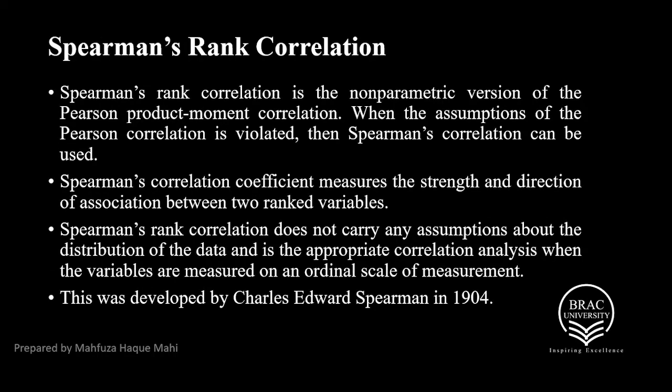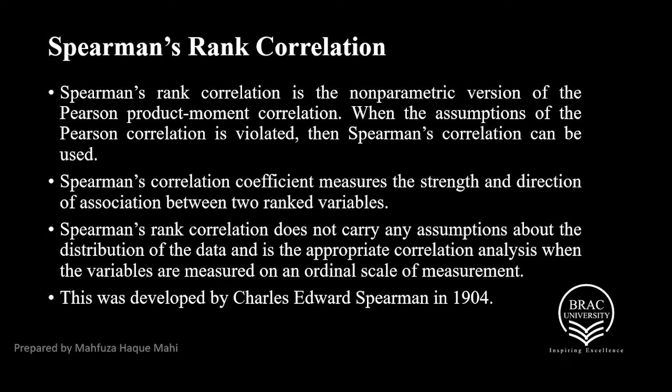Now, what is Spearman's rank correlation? Spearman's rank correlation is the non-parametric version of the Pearson product moment correlation. When the assumptions of the Pearson correlation are violated, then Spearman's correlation can be used. Spearman's correlation coefficient measures the strength and direction of association between two ranked variables.